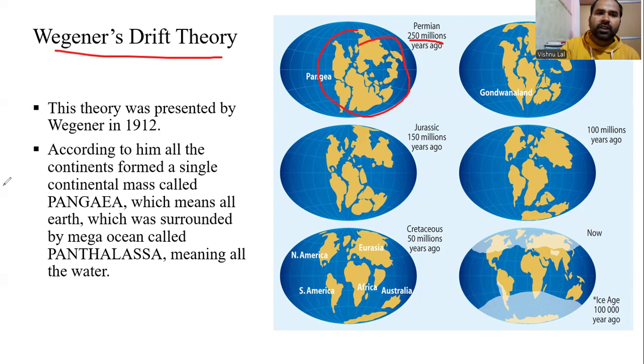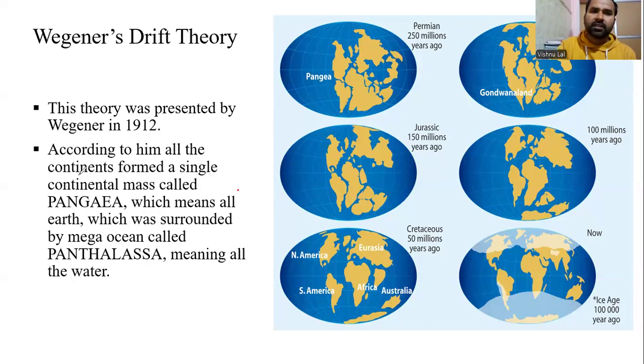According to him, and he presented his theory in 1912, about 250 million years ago there was one single landmass.